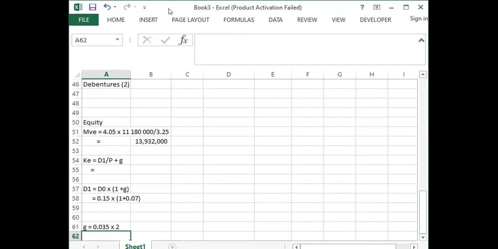That's our G. That should give us 0.07. Let me punch it on the side here. So it's 0.15 times 1.07, which is 0.16 basically. So this is our dividend, 0.16.